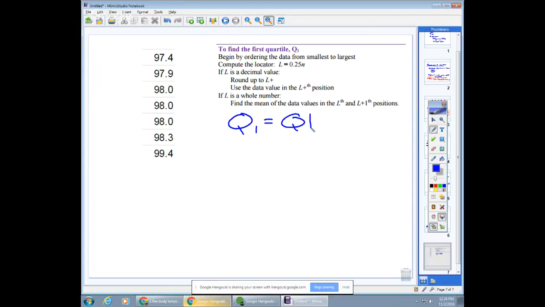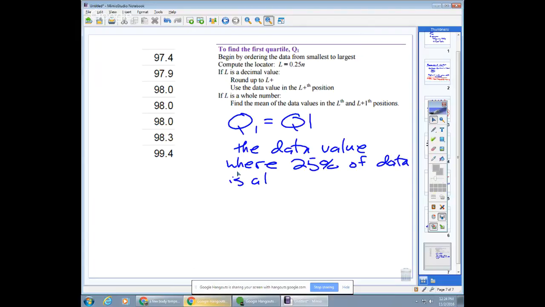Okay, and it means the data value where 25% of the data is at or below that point.